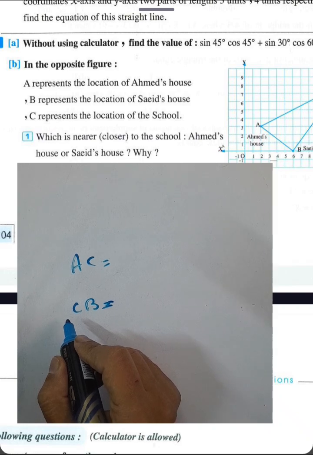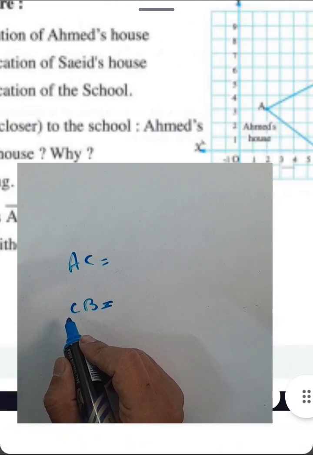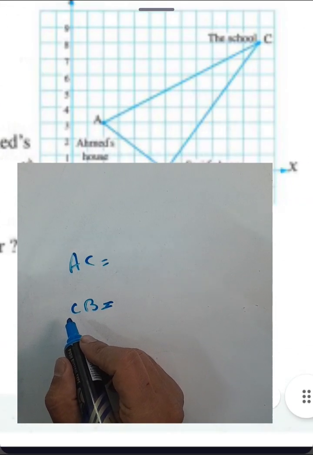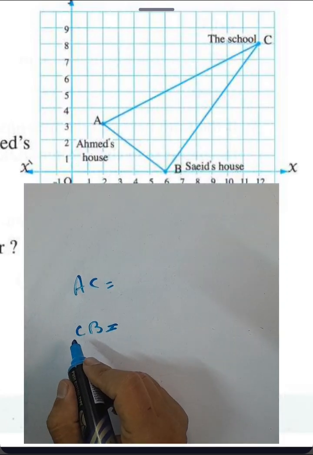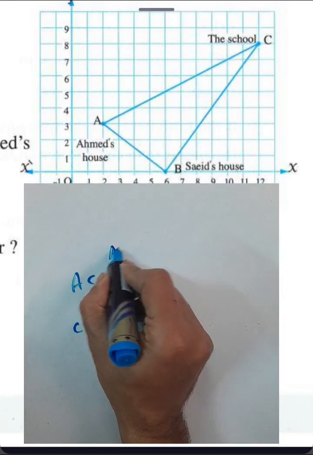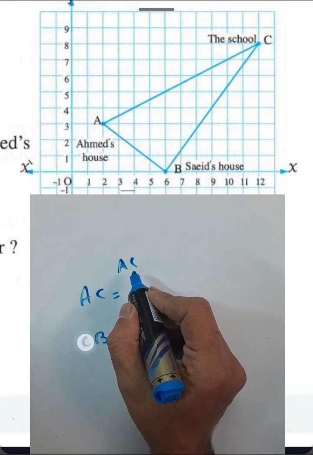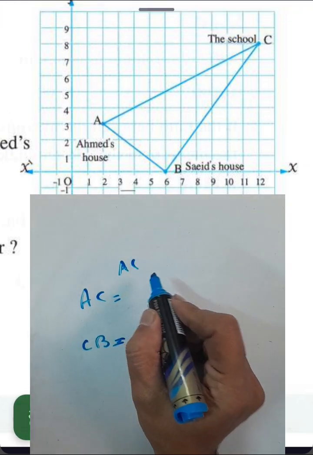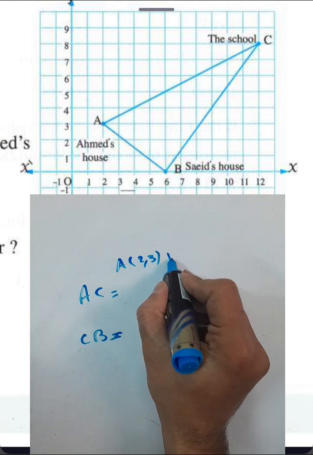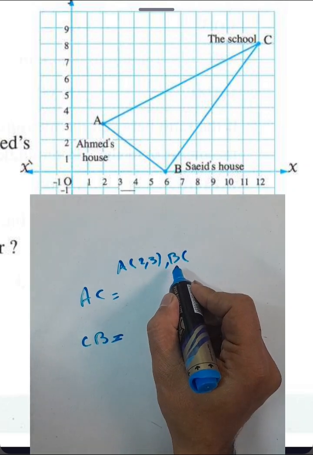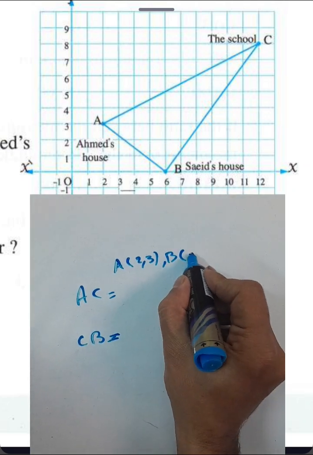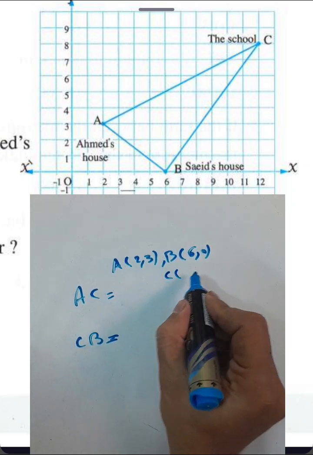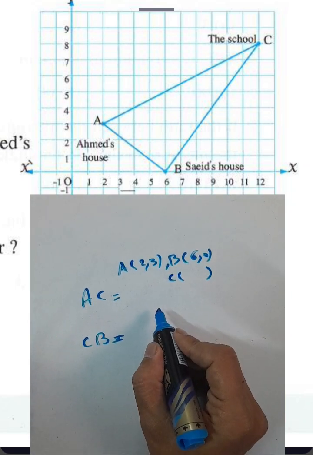We have the point A. We can write point A from this triangle in this graph. Point A has coordinates (2, 3), point B was (6, 0), and C equals (12, 8).